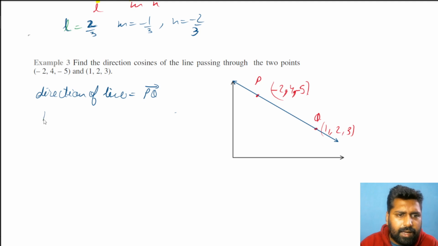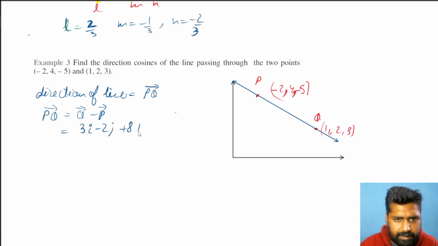How do we calculate the PQ vector? Remember, Q vector minus P vector. This is again from vectors. So subtract x component with x, y with y, z with z. So 1 minus minus 2, you'll get 3i. 2 minus 4 is minus 2j. 3 minus minus 5, so plus 8k.